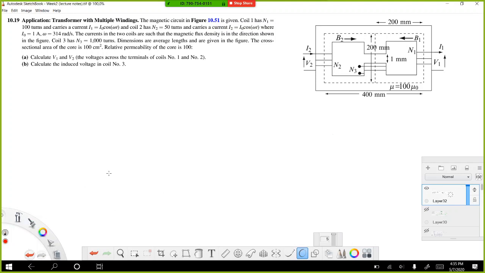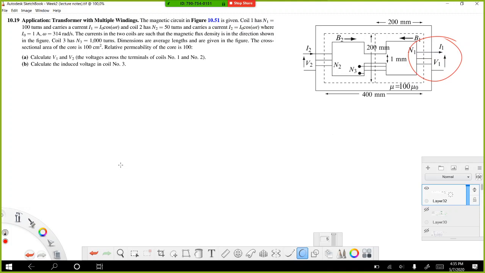Okay, let's read the problem. Application: transformer with multiple windings. The magnetic circuit in the figure is given. Coil number one has 100 turns and carries a current I1 equals I0 cosine omega t.